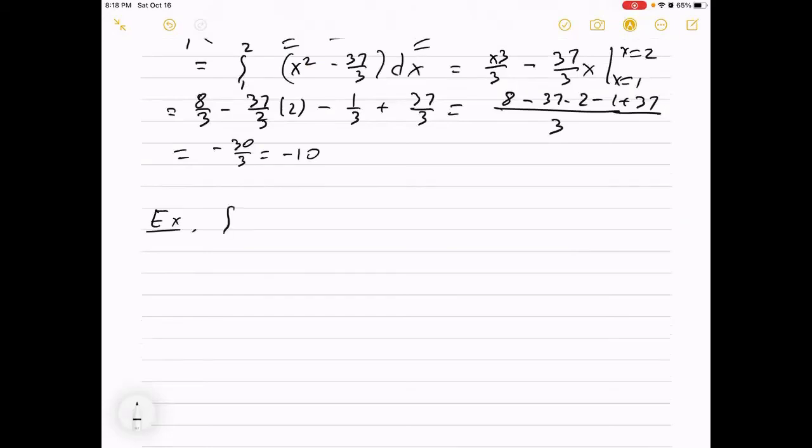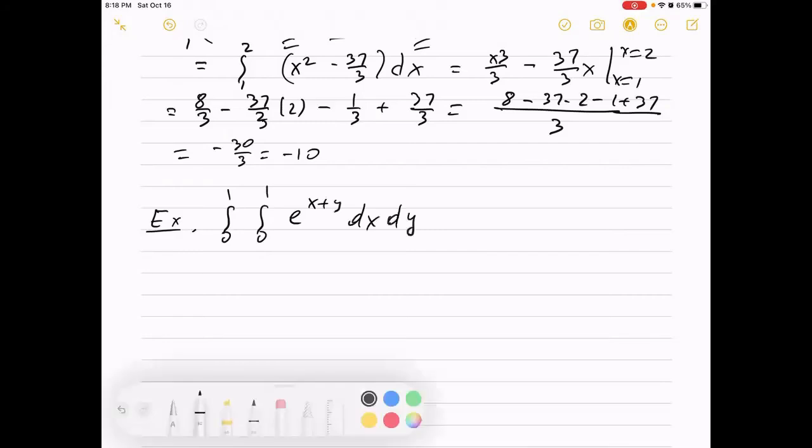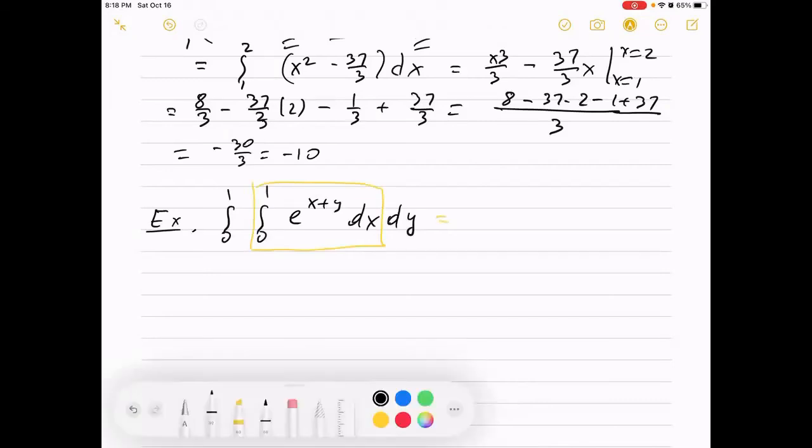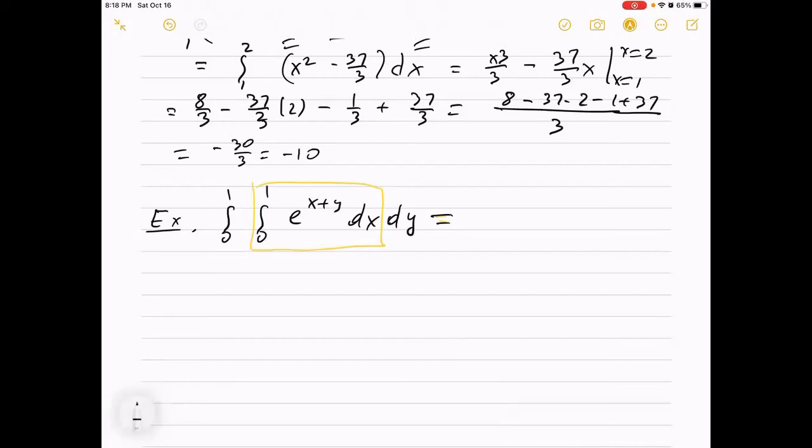Here we have the integral 0 to 1, integral 0 to 1 of e to x plus y dx dy. Again, we'll look at the inside integral first. The antiderivative of e to x plus y with respect to x is e to x plus y, where x is changing from 0 to 1.